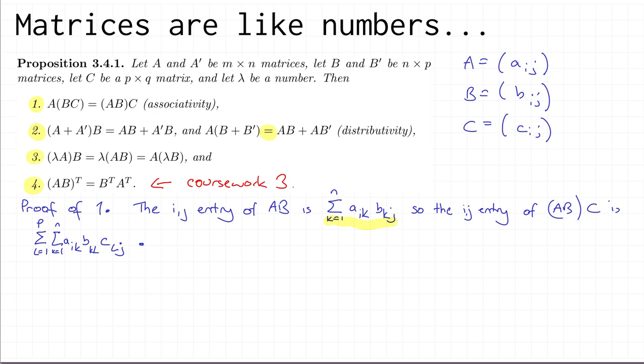Let's now do the other side. So to work out the left-hand side, I need to start with the ij entry for BC. So the ij entry for BC is, well, again, it should be a sum.